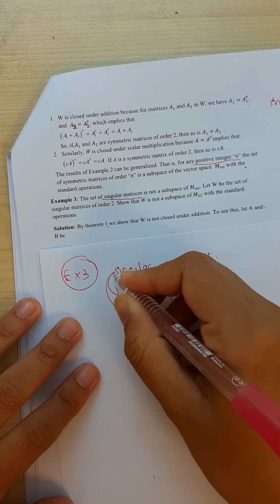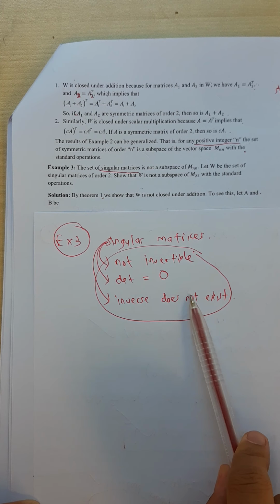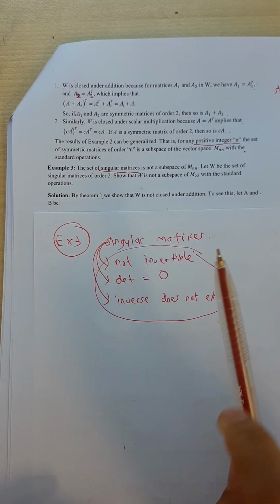So these are the 3 definitions for a singular matrix. If you see not invertible and inverse does not exist, it implies the same thing. Not invertible means you cannot invert the matrix, so if you cannot invert the matrix, it implies that the inverse does not exist. These two statements mean the same thing.